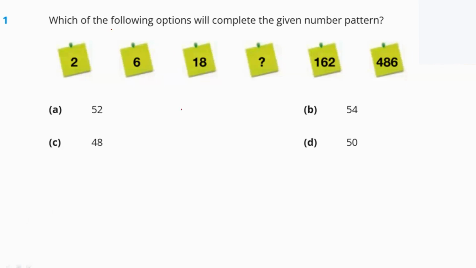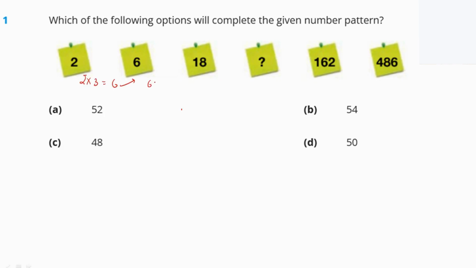So the first question is, which of the following options will complete the given number pattern? If you look at the pattern carefully, you will notice that there is multiplication. If you multiply 2 with 3, you will get 6.